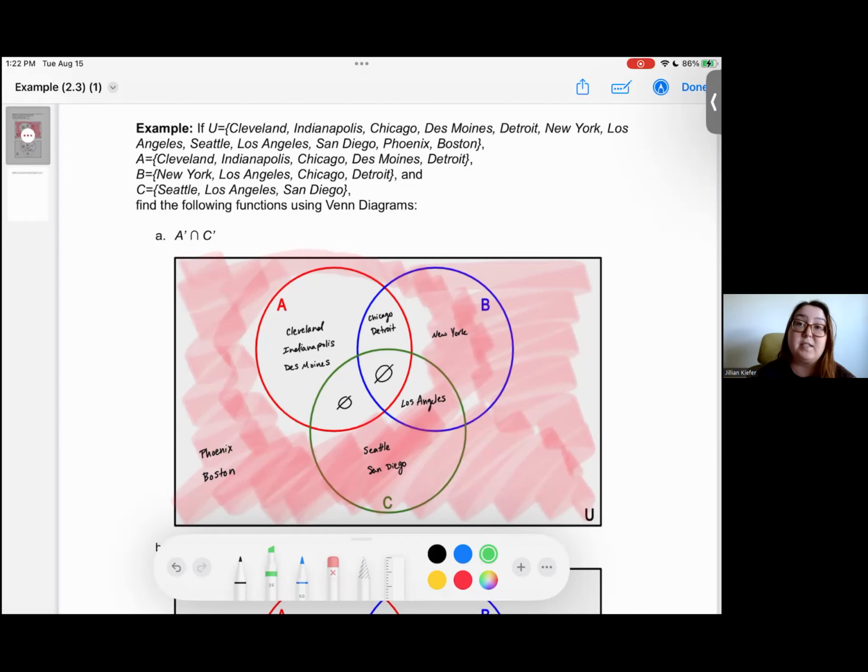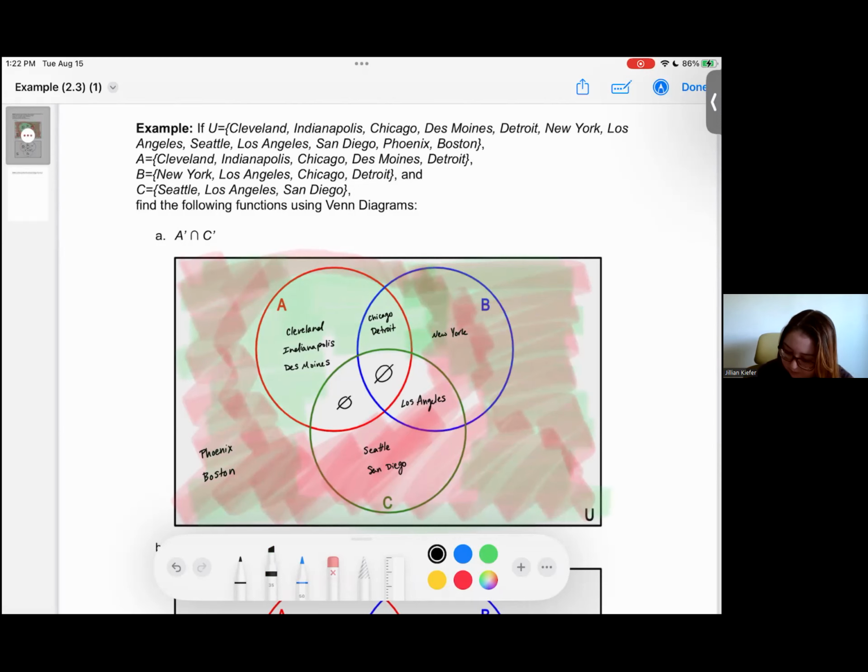So everything except C gets shaded in. So we definitely have some interesting shaded regions in here, but really what we're looking for is anything shaded red and green is our answer.